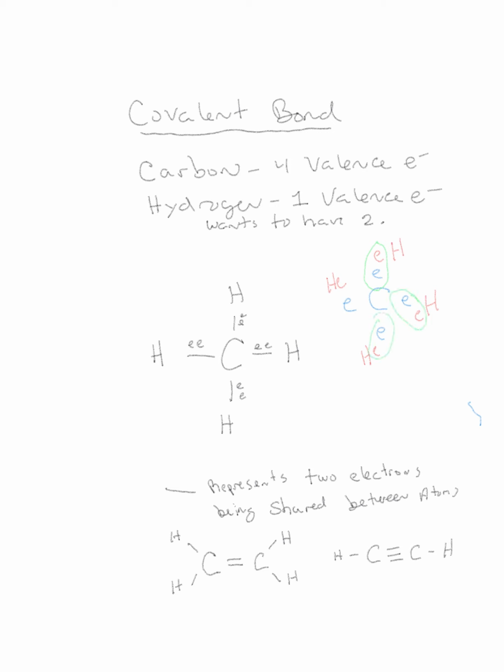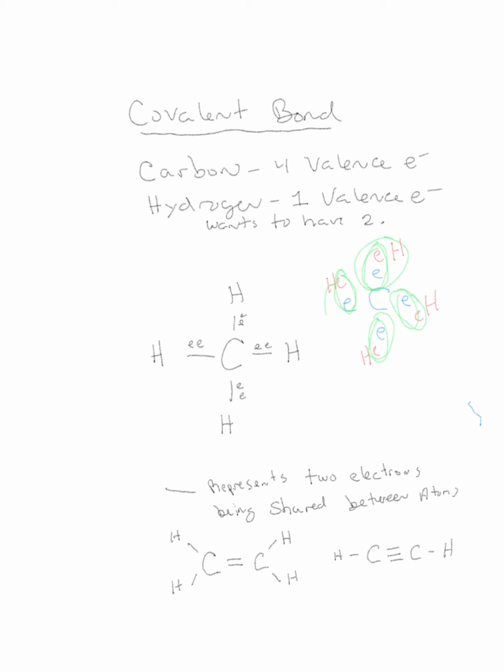By doing this, the hydrogens, because they're sharing their valence electron, and the carbon sharing one of its valence electrons, now the hydrogen has 2 valence electrons, because they're sharing in 4 cases. Now the carbon, sharing with the hydrogens, has 8 valence electrons. So it has achieved the octet rule. Now it's very stable. So covalent bonding occurs when you can achieve a full valence shell, and by doing so, you have a very stable atom.